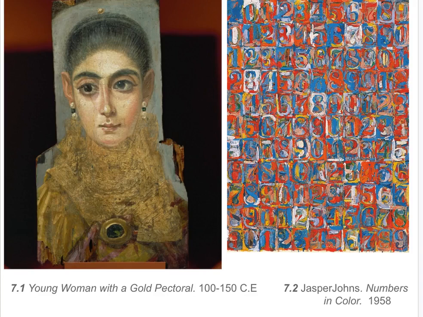Kind of in contrast to that, we have Jasper Johns' Numbers in Color from 1958 on the right side, and this is also encaustic, a very much more updated, modern, contemporary picture, and it is also recognizable. So he was using, it looks like, stencils in some way to create these numbers, but it also has that layering wax pigment effect.